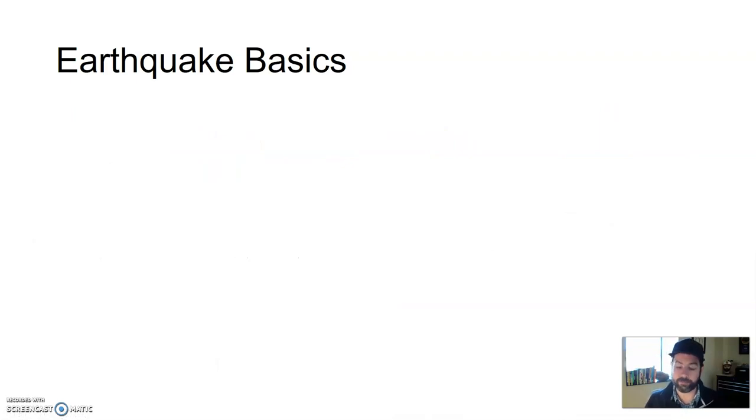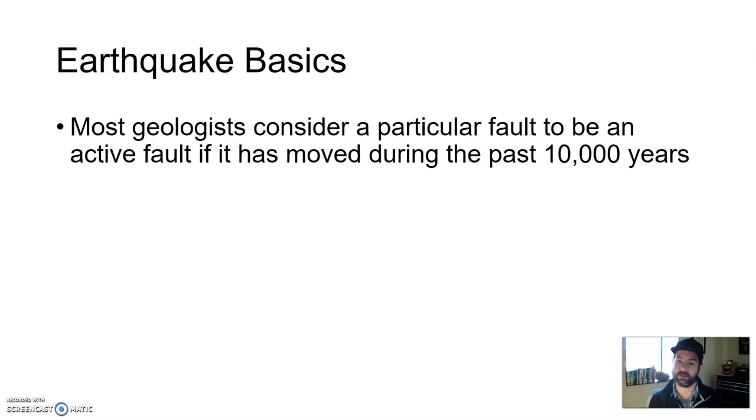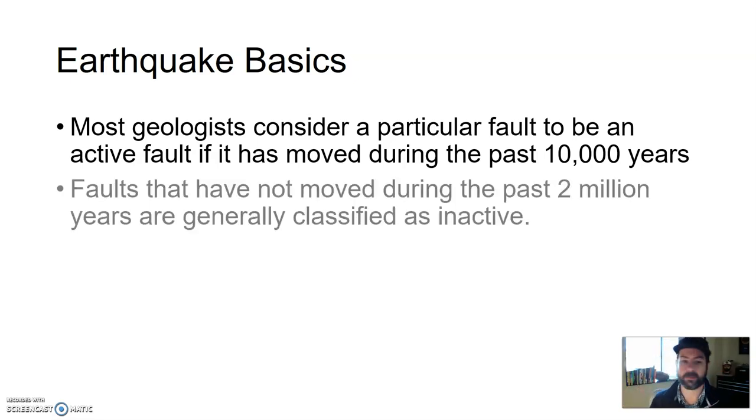As far as faults are concerned, they're everywhere. Some of them don't move anymore, some still do. Most geologists consider a fault to be active if it has moved within the past 10,000 years. There may not have been an earthquake for 9,000 years, but since there was within 10,000 years, it's still considered active, meaning it could still, with high likelihood, have some movement along that fault to create an earthquake.